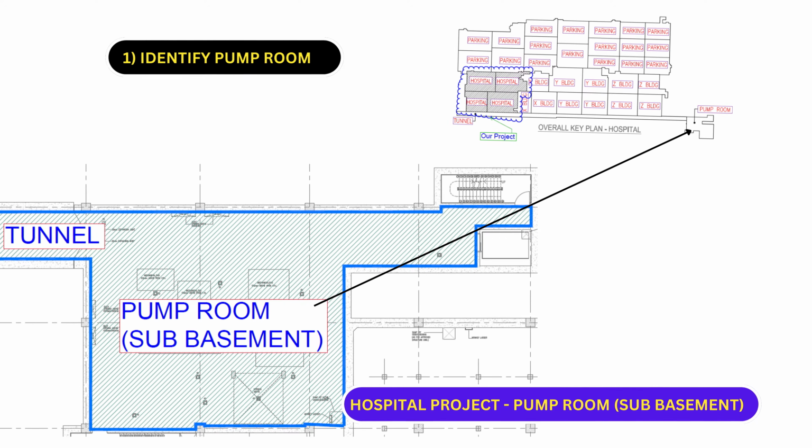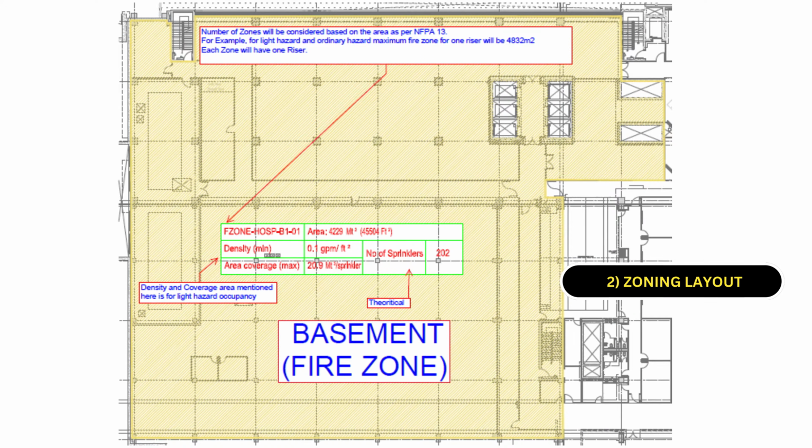Next, we will divide the building area into zones based on hazard classification. As you can see in the zoning layout on your screen, here you can find density and coverage area mentioned for light hazard occupancy. Also please note, based on number of zones, the risers have to be considered.